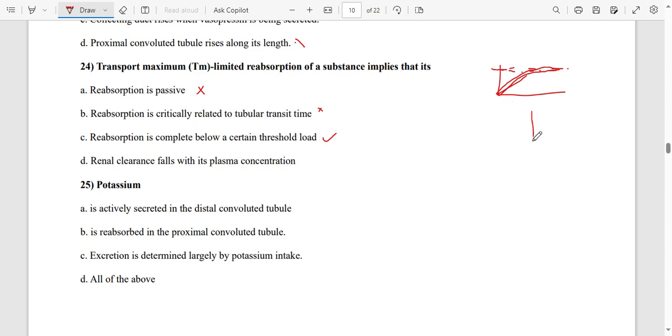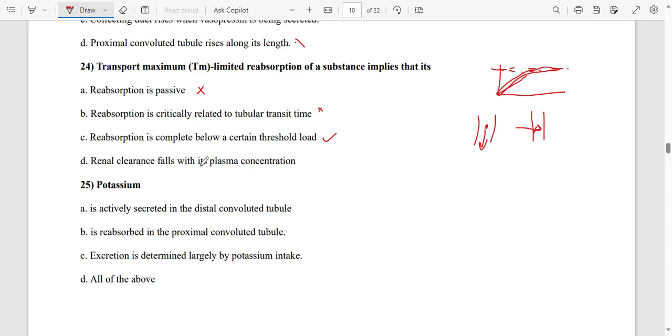Remember, reabsorption is taking something that is in the renal tubules back into blood. But if it is already enough in the blood, even if you increase the concentration of that compound in urine, it can no longer go back into blood because it's already enough in blood. So it is just going to be excreted.